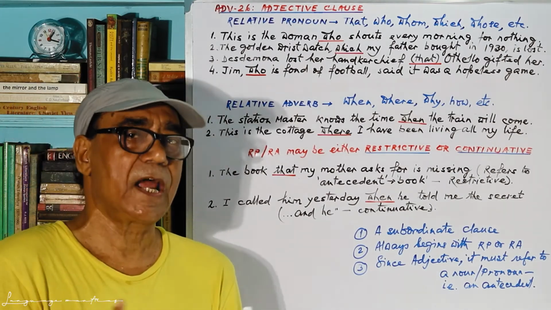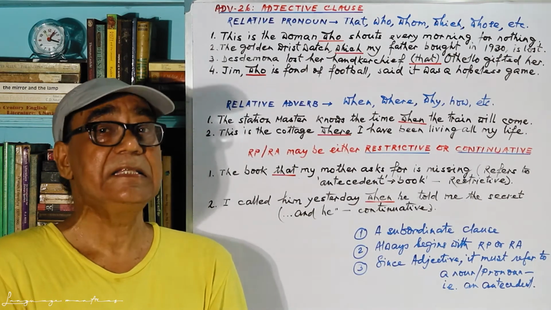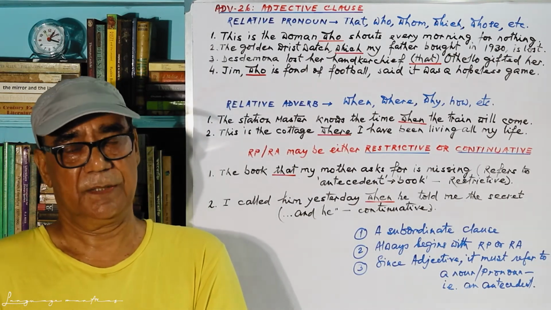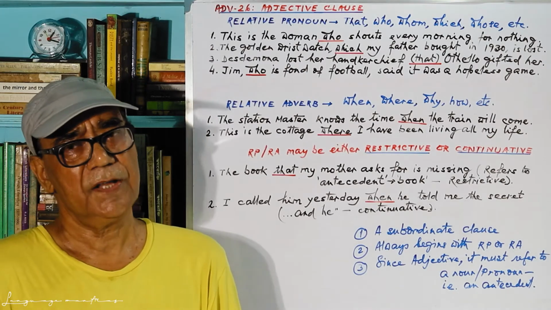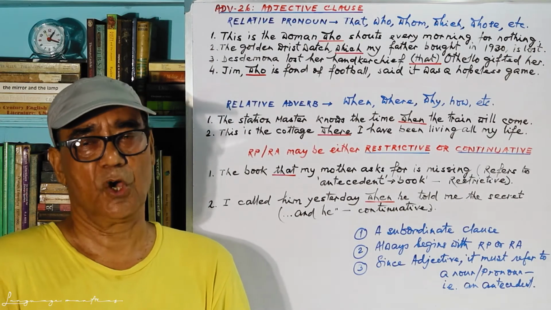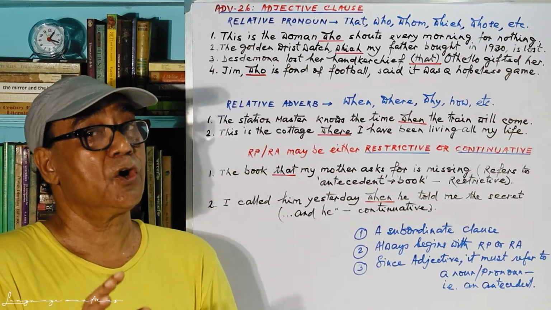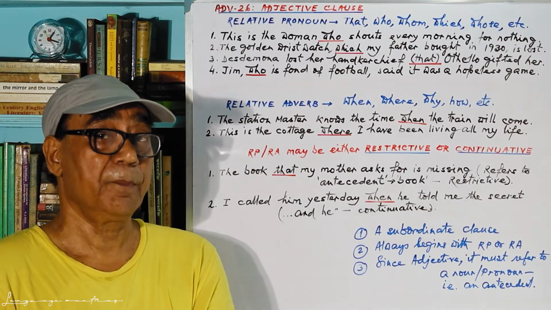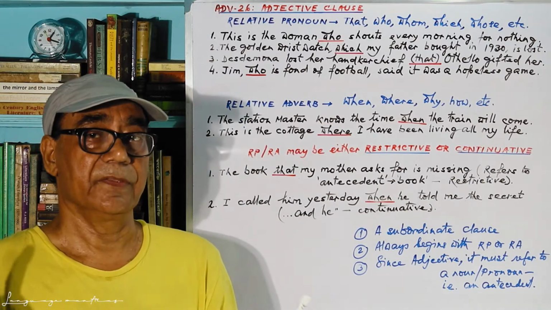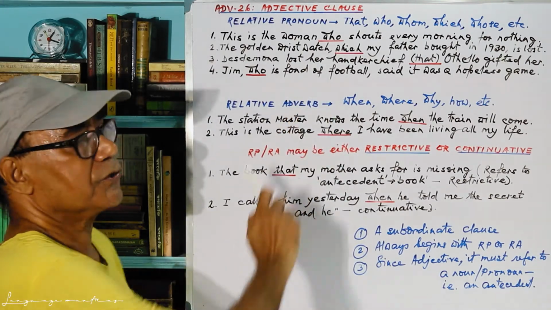So there are two types of relative clauses. One is restrictive, one is non-restrictive. How to recognize? So when you find a restrictive clause, it is very essential part of the sentence, but non-restrictive part may not be that essential. Remember this.